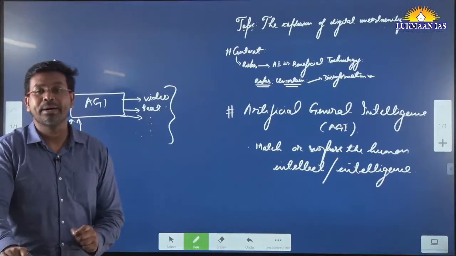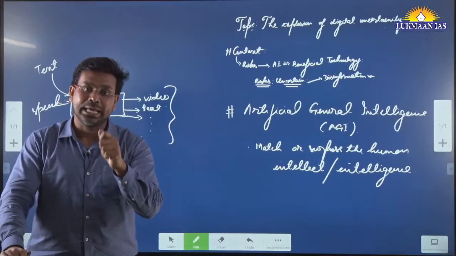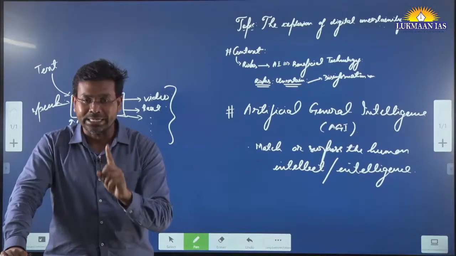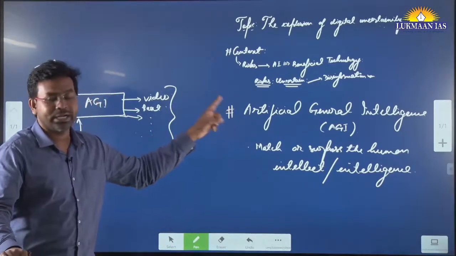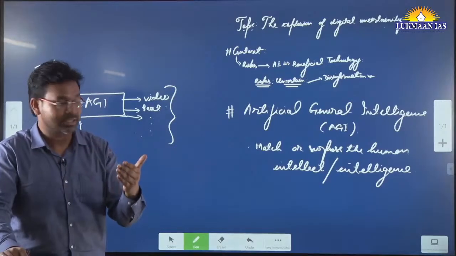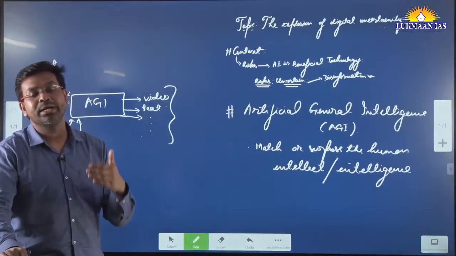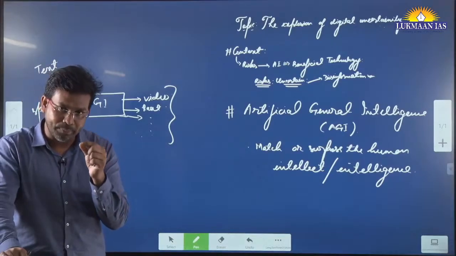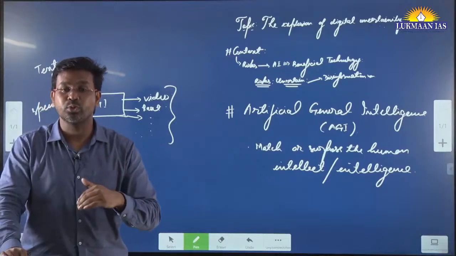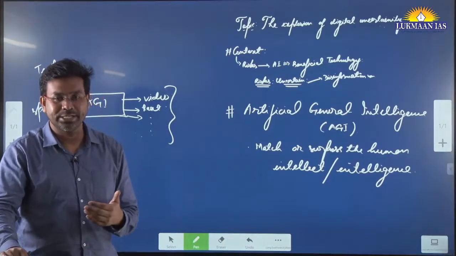When it is going to surpass the human intelligence, at that point of time the human beings may be at risk when it comes to artificial intelligence. When human intelligence is surpassed, then many people are going to lose jobs. Not only are people going to lose jobs, it may pose threats to the society, to the social fabric of various nations, right?